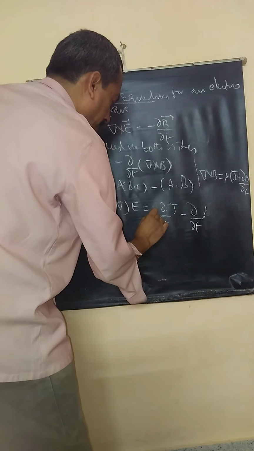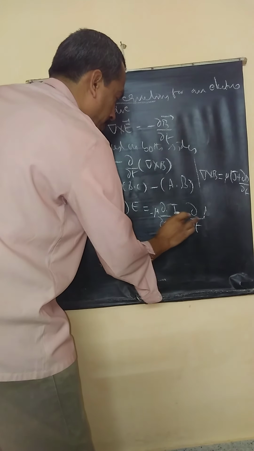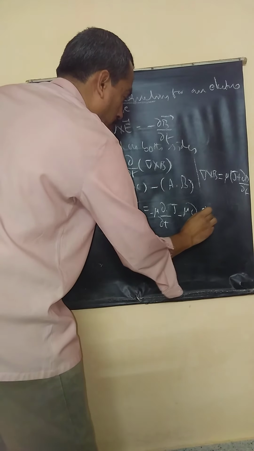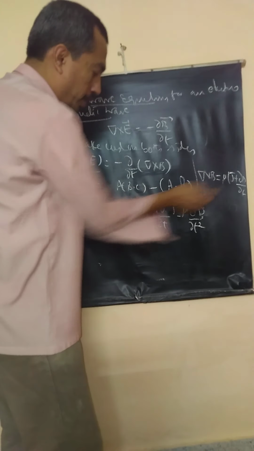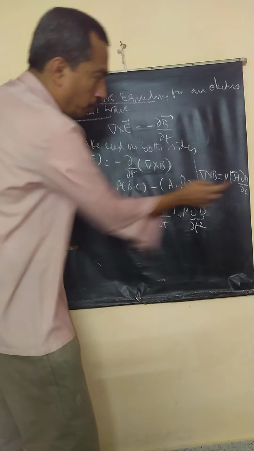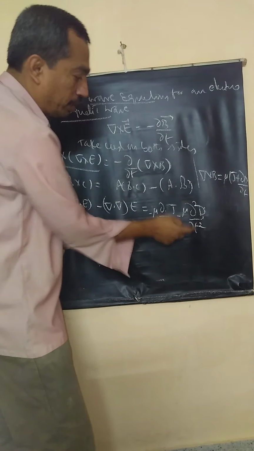I'll take the common factor minus mu, giving ∂/∂t of mu J, and ∂/∂t of ∂D/∂t is ∂²D/∂t², correct.